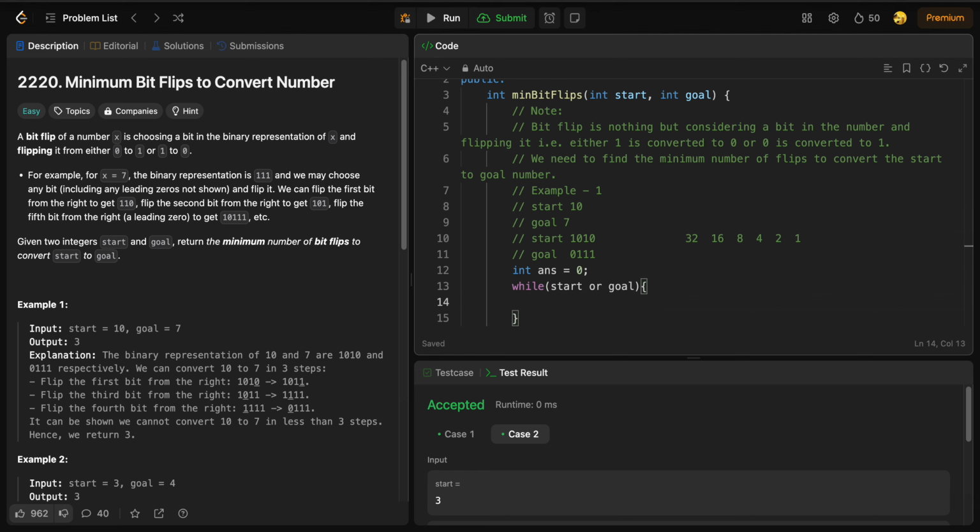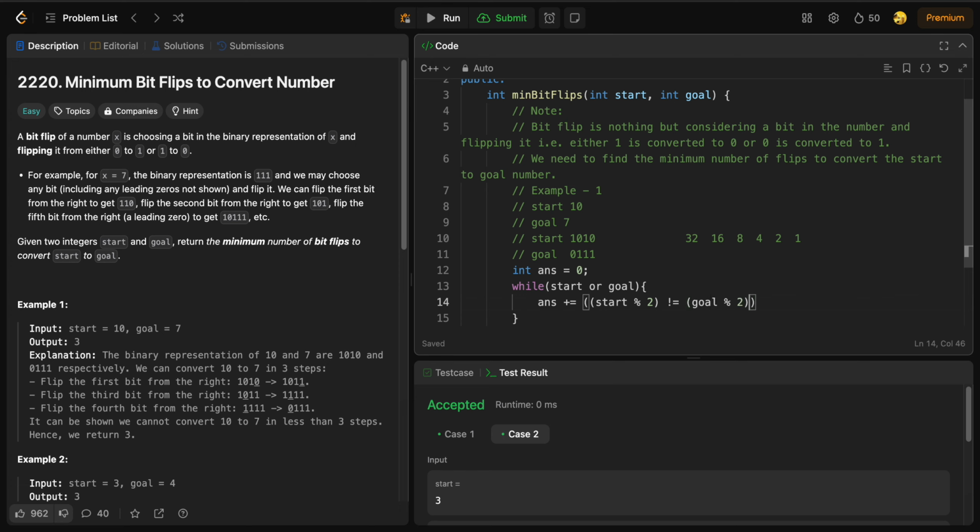In the sense that if my goal becomes 0 but start is still there, then my starting bits should be flipped to 0. So I just need to process until my start and goal both become equal to 0. I'll add 1 to the answer if my start and goal do not have the current bit equal: start percent 2 not equal to goal percent 2.